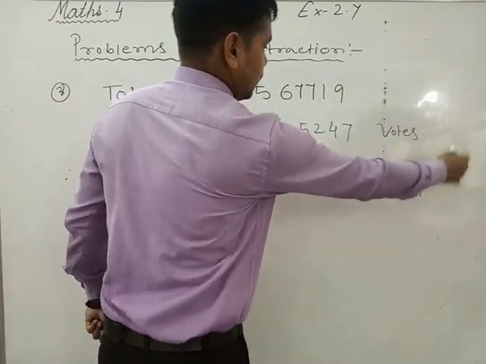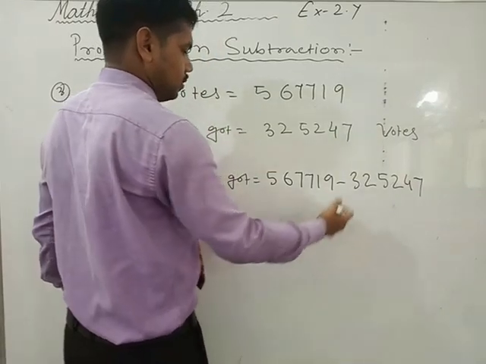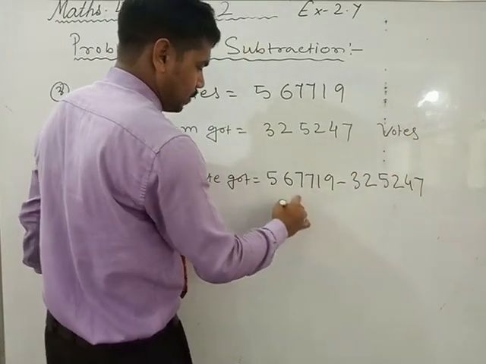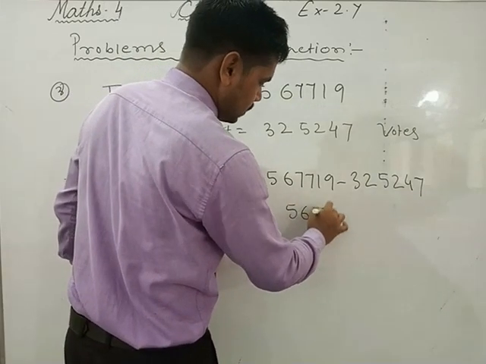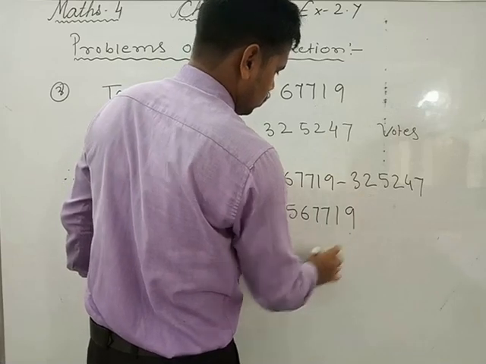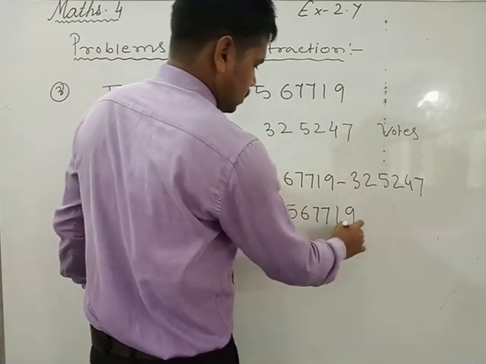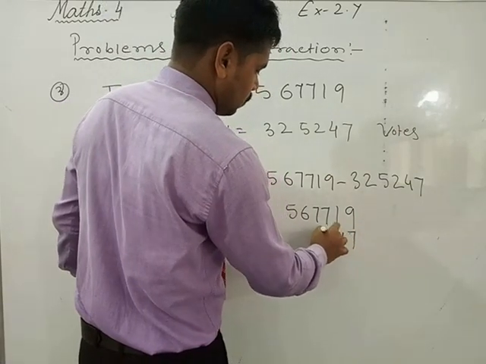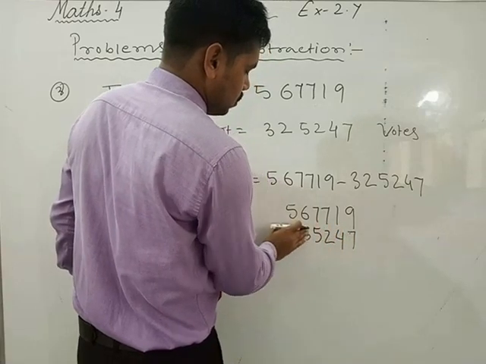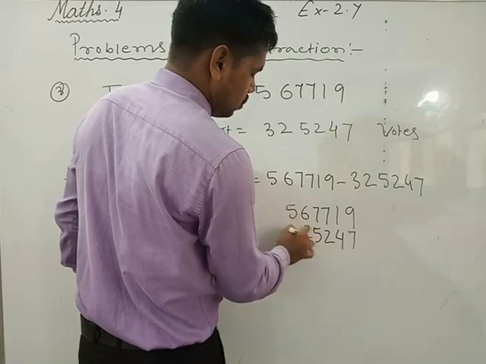You can check on this side, your right side, but here we don't have space, that's why I am doing it here. 5, 6, 7, 7, 1, 9. Okay, subtractions 7, 4, 2, 5, 3, 2, 3.